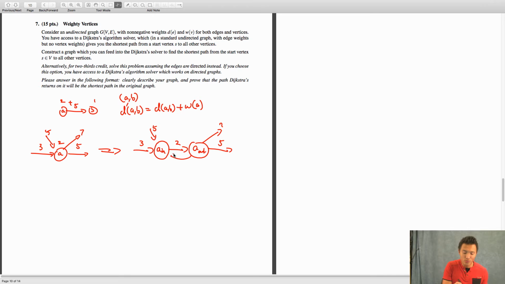If I add an edge back here and I look at this edge and then look at this edge as well, I can't just say, oh, I have another incoming edge into A out. Can I take this edge again? No, not really, because I already looked at A out. I'm not going to look at this edge again. So we don't want that, right?